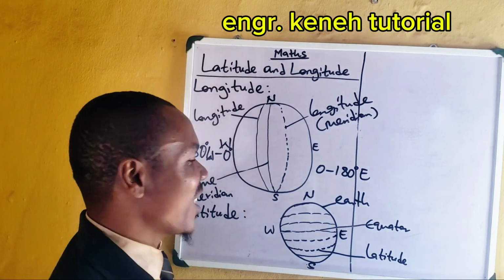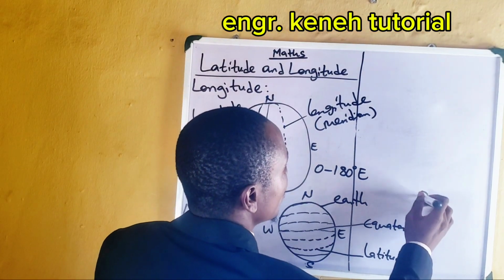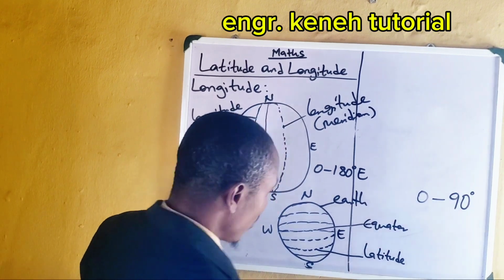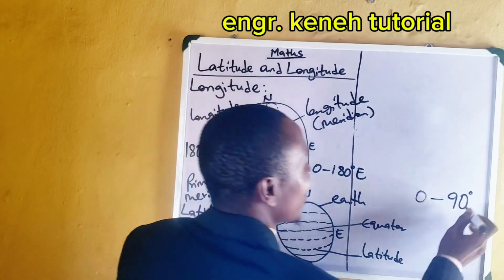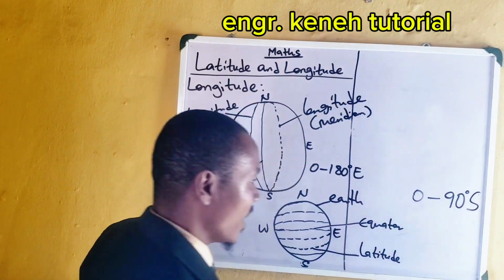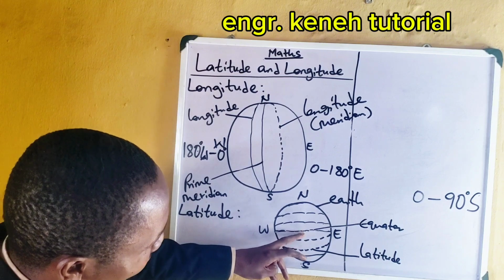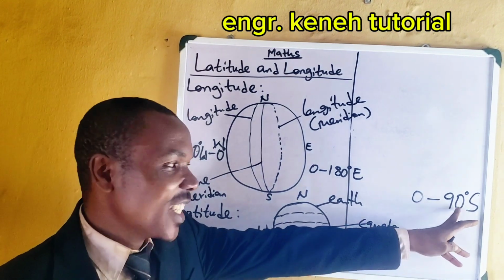The maximum is 90. So from the equator, we have 0 to 90 degrees. If you are coming from here to this place, it should be south like this. Can you see it? So here should be 0, 1, 2, 3, 4, 5, 6, 7 until you get to 90 degrees. Can you see?